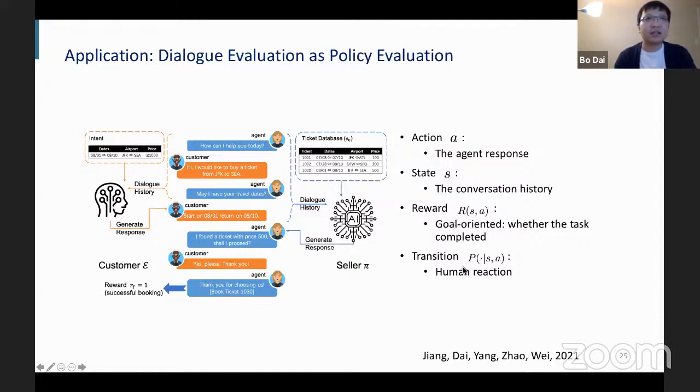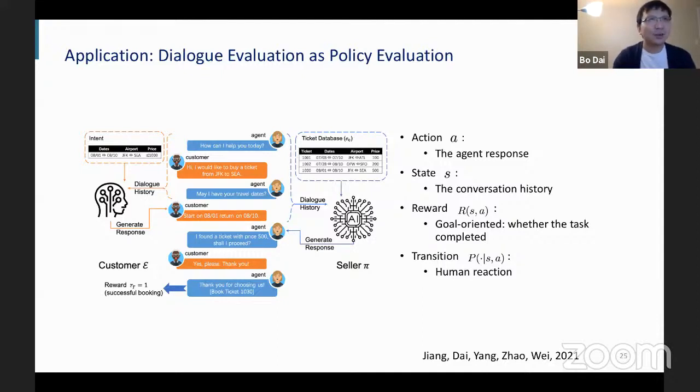It's very sparse. And the transition is this: given the current conversation history and the response from the agent, the human will have some reaction. This gives you the basic components of the MDP, and by this construction, we reformulate dialogue evaluation as policy evaluation. Great, so we are clear about the problem setting and how it is transformed into the policy evaluation problem.